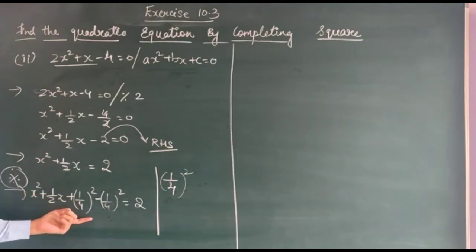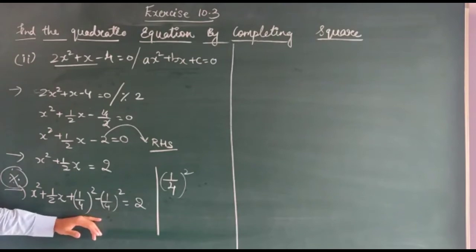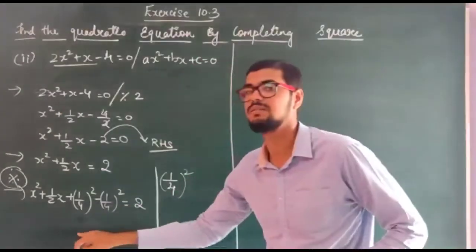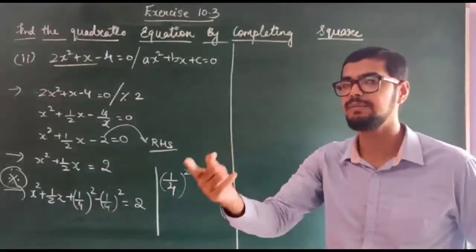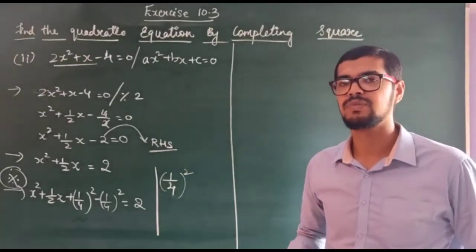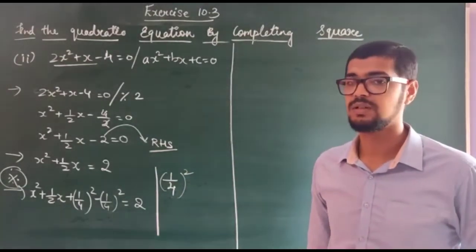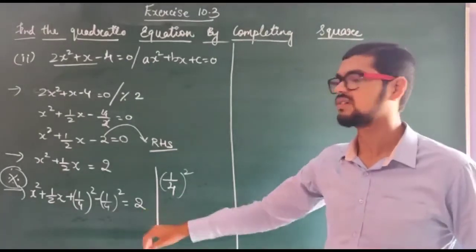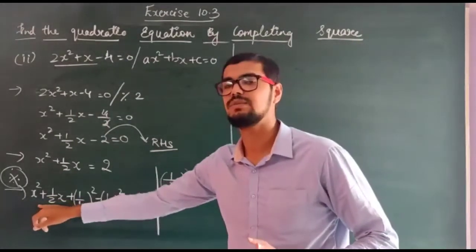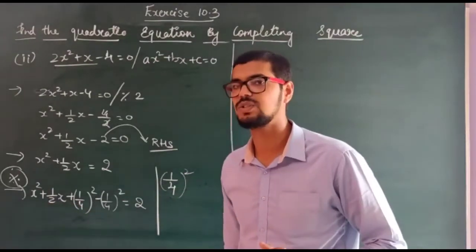Now, what is my next step? My next step is simplification. I'll simplify over here. My next step is completing the square. Completing the square, in the sense of making this in the form of (a + b)² or (a − b)².